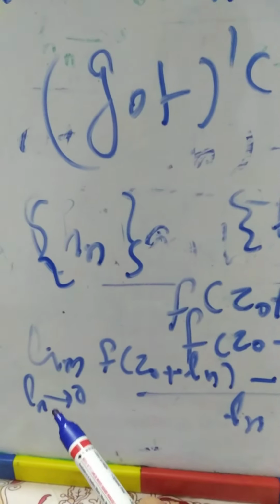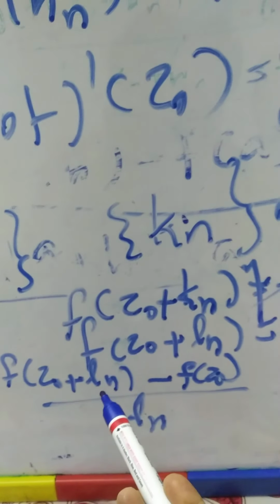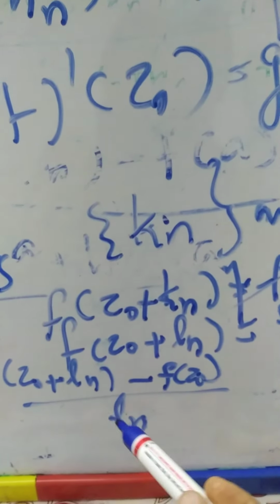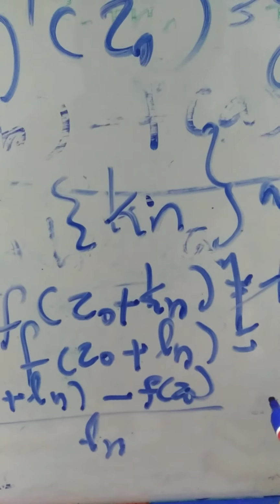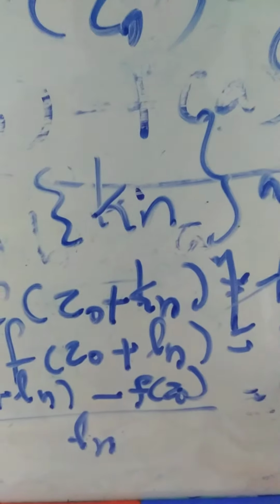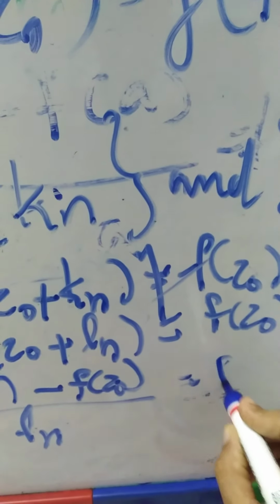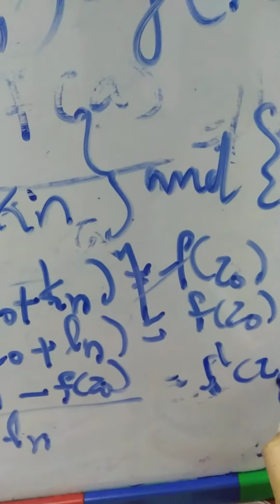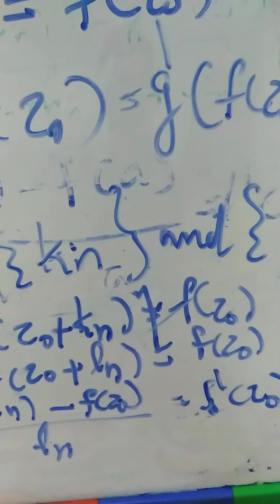So this limit exists, and it must be equal to f dash of z naught.